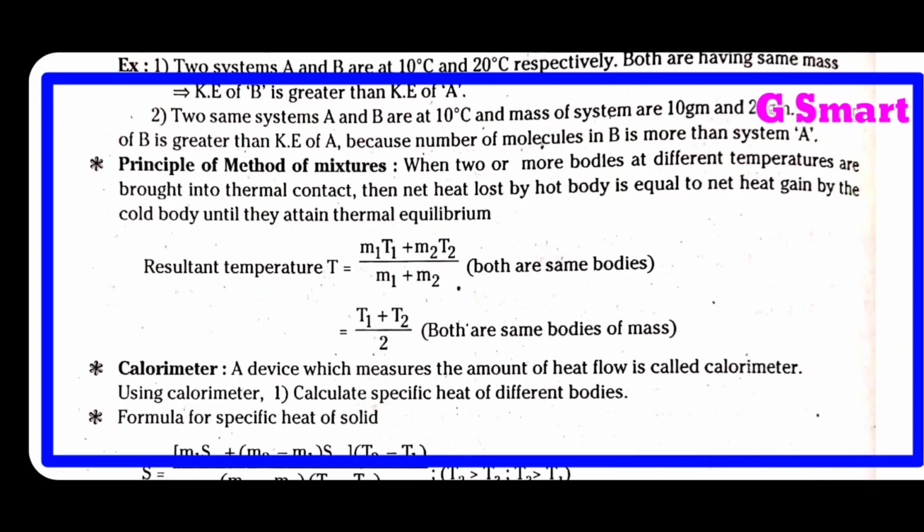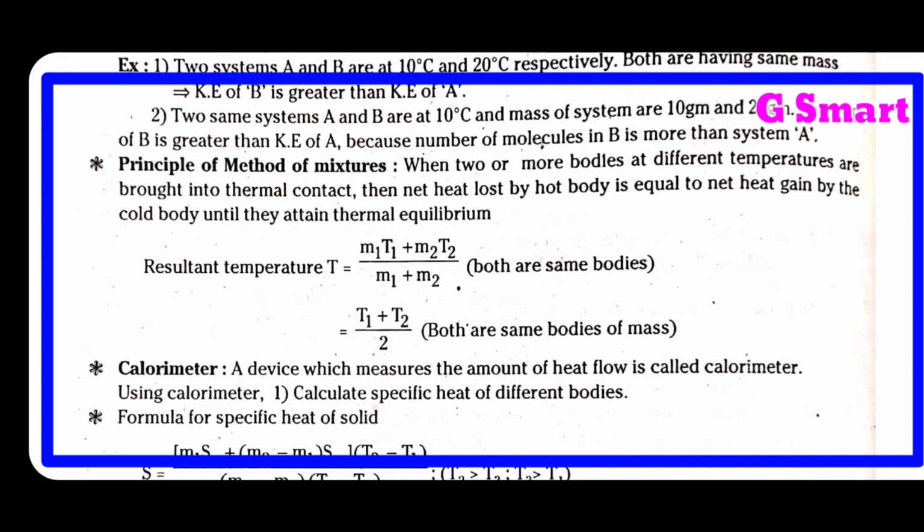Principle of method of mixtures. When two or more bodies at different temperatures are brought into thermal contact, then net heat lost by the hot body is equal to net heat gained by the cold body until they attain thermal equilibrium, means until they reach the same temperature.